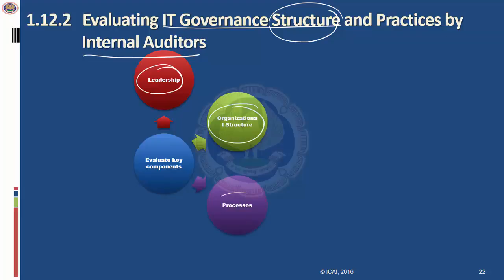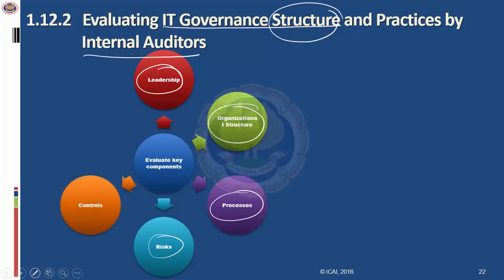You'll understand the key business processes. You also understand the risk and the risk management strategy adopted by the organization. You'll understand the control architecture, how controls have been implemented. And you'll also have to understand how performance is being measured. What are the performance measurement metrics?